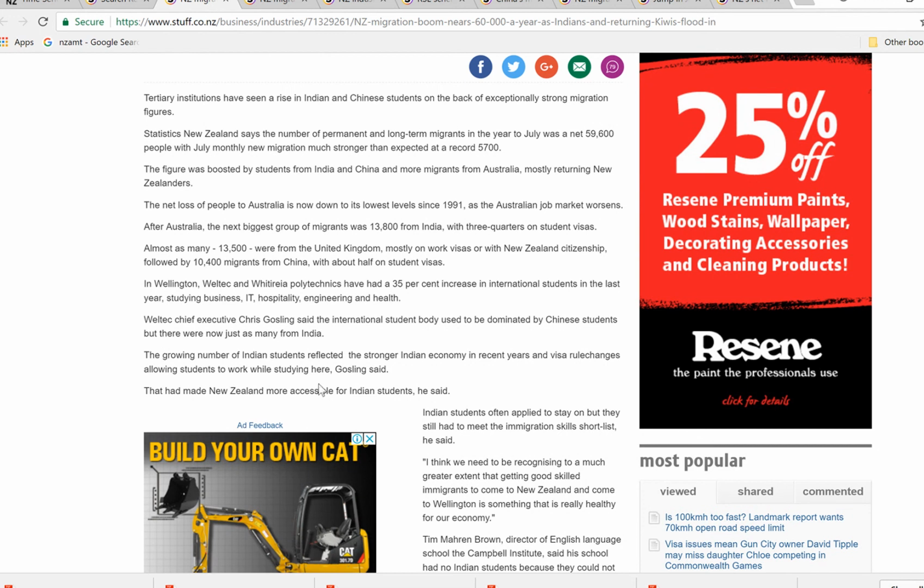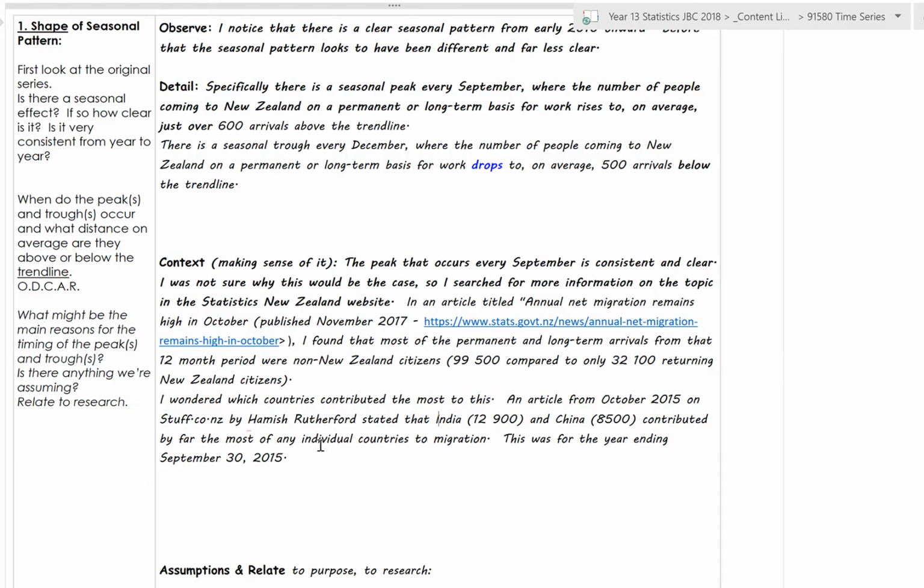So the peak in September, the only thing I can make out from that is it appears to be to do with the fact that if you were going to do something new and you're from the Northern Hemisphere, that would be just after their summer break, wouldn't it? And so it would maybe be a logical time to actually migrate or to move somewhere for a few years.